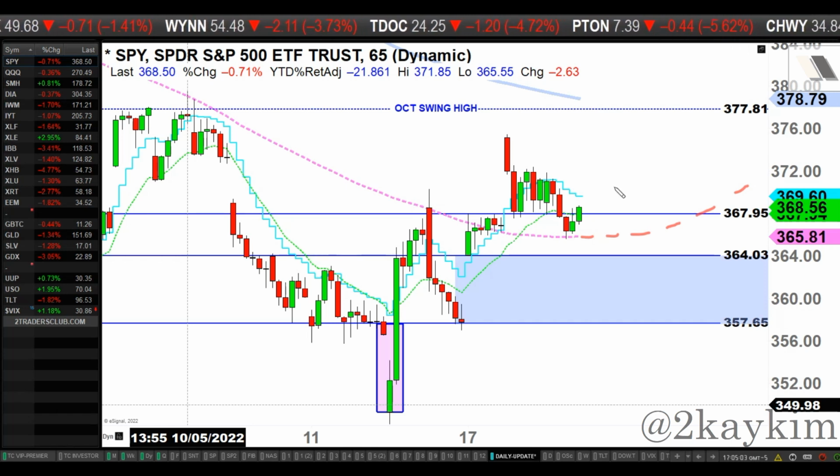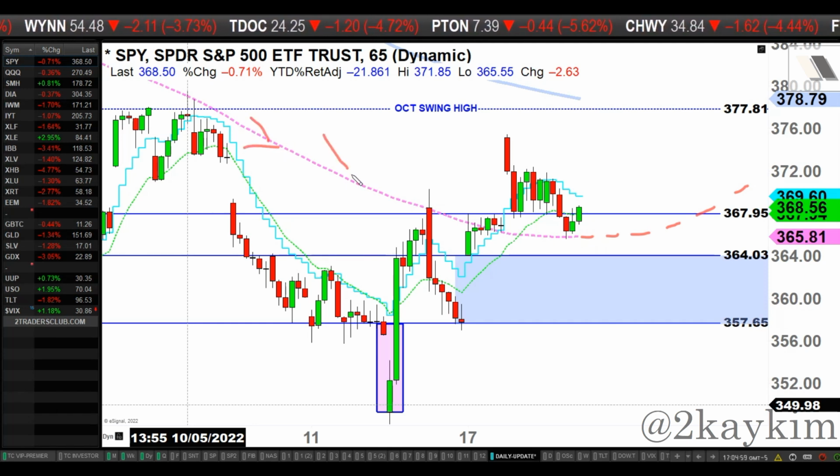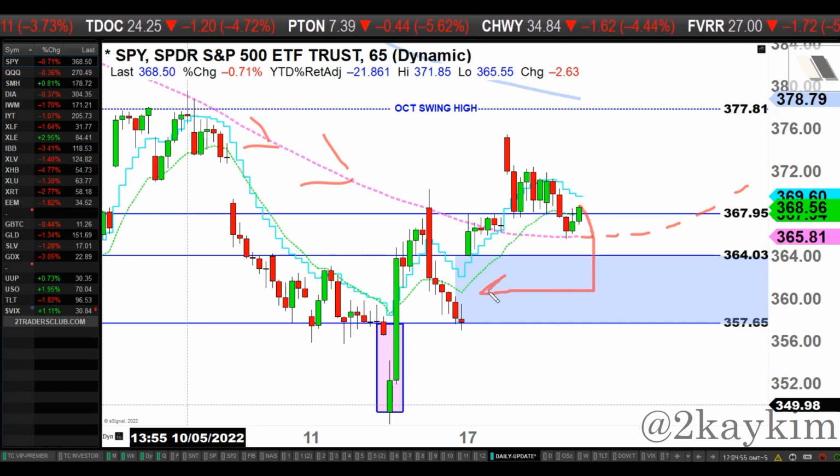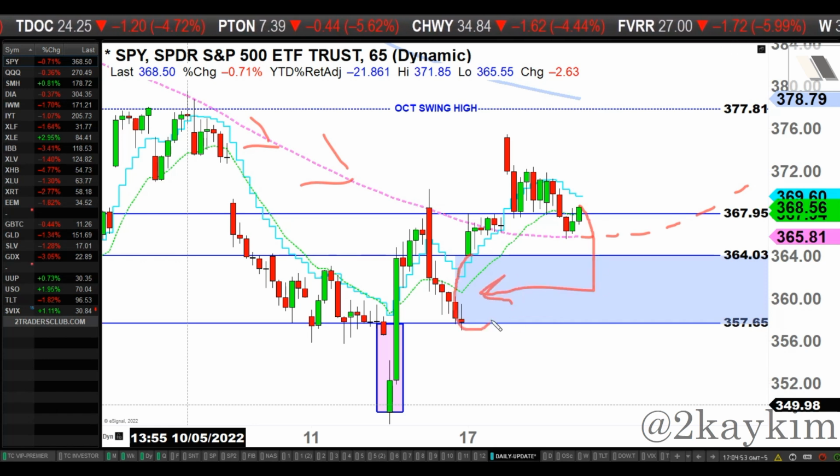So what the sellers want to do is make sure that bulls do not utilize that midterm moving average by letting the price get below it. And ultimately, this is where the sellers want to attack and make sure to fill the entirety of that up gap and make a way for new lows, which is going to be 350 or lower.